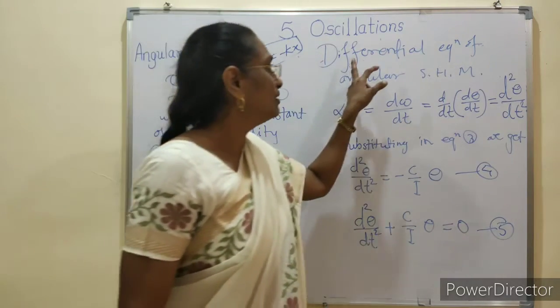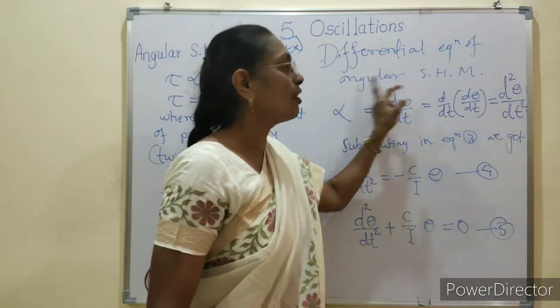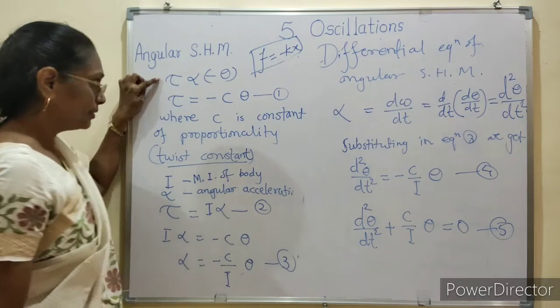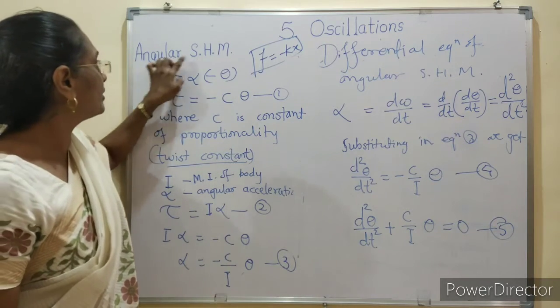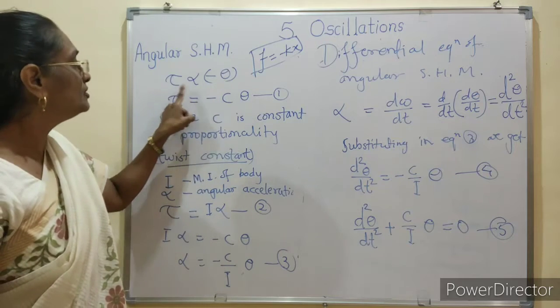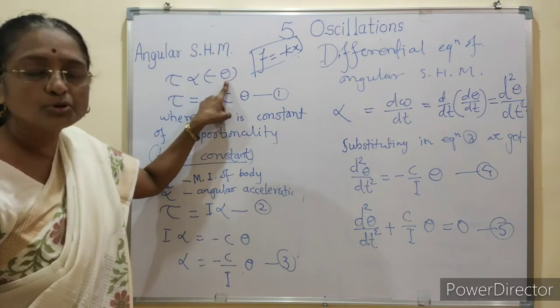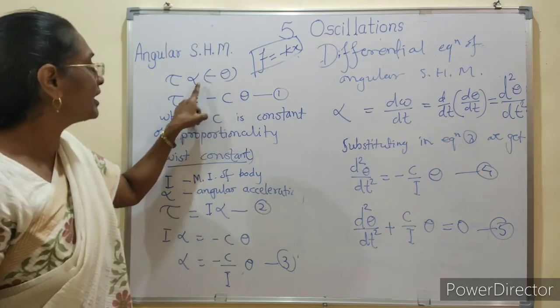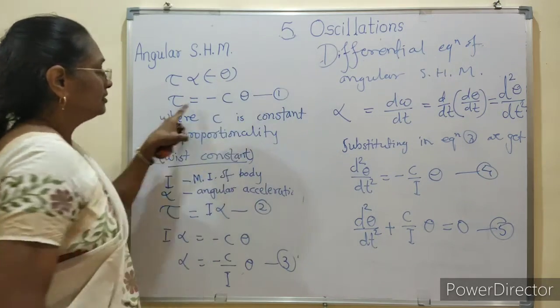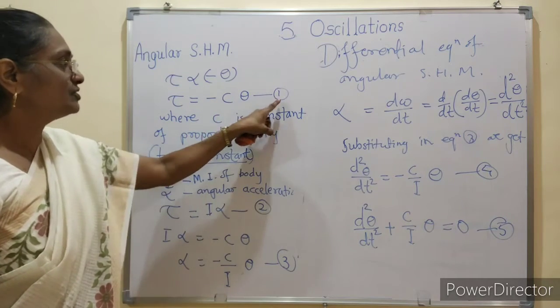So there is one question: obtain the differential equation of angular S.H.M. We have to start from this step. According to the definition of angular S.H.M, tau is directly proportional to minus theta, meaning it is directly proportional to angular displacement and has the opposite direction. Here it can be written as tau is equal to minus c theta.